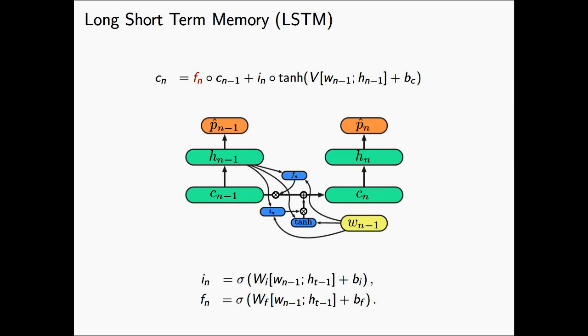So now the model can choose at every given time step for each unit in the hidden layer how much should I just copy across the previous memory and how much should I change it given my current input. If the forget gate is set to 0, and imagine all of the forget gates set to 0, then that's equivalent to just forgetting all of the memory at that point and starting afresh.